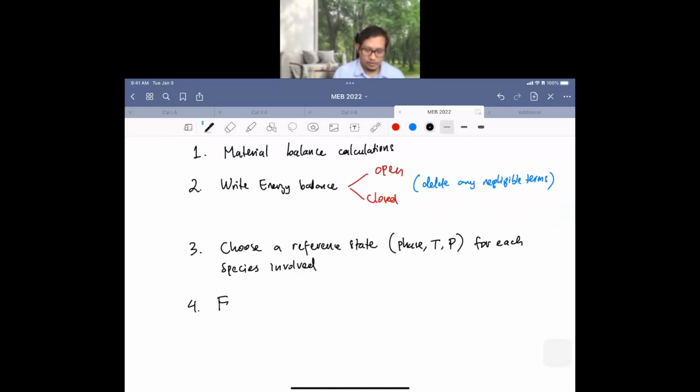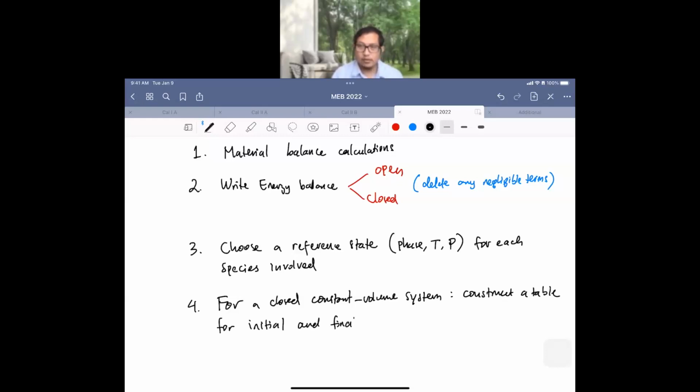Okay, for a closed constant volume system, so it's a closed system, and the system has a constant volume. Construct a table for initial and final amounts of species.